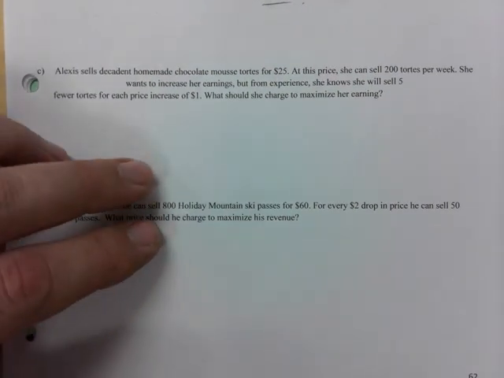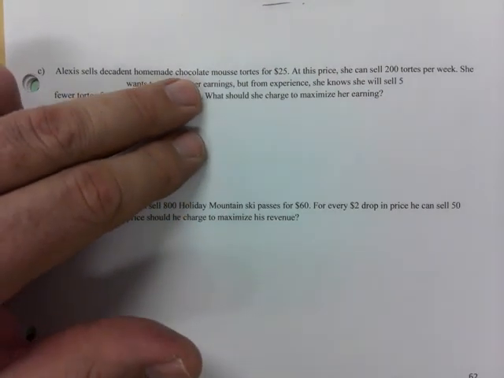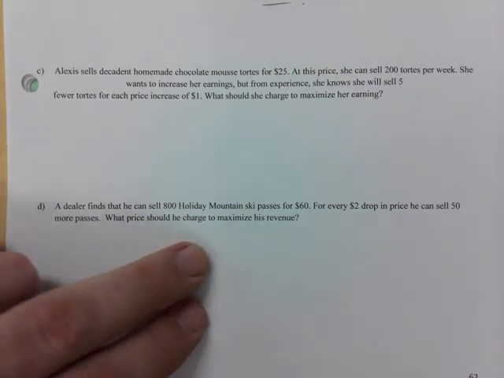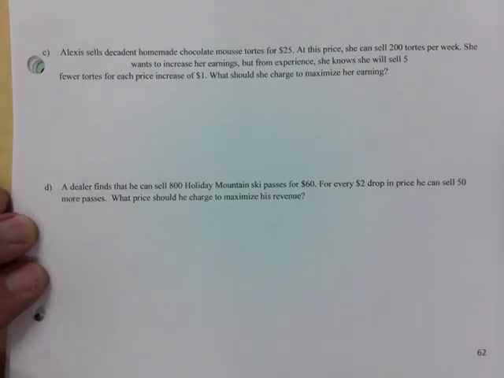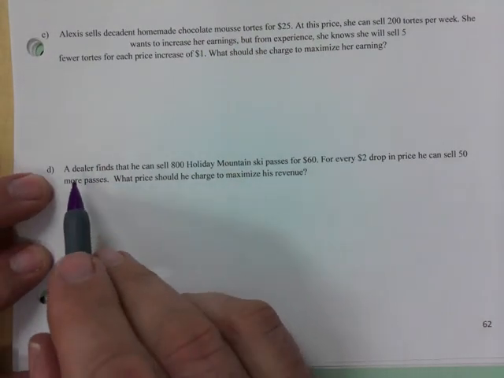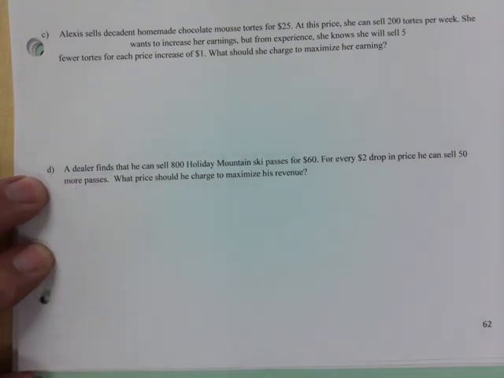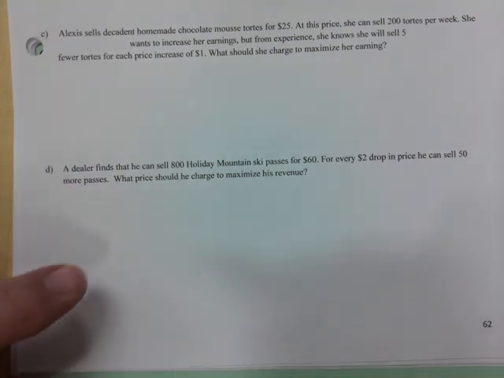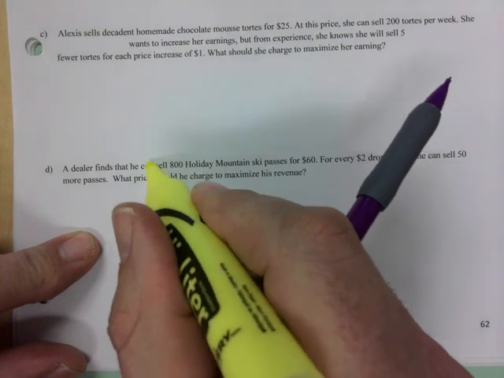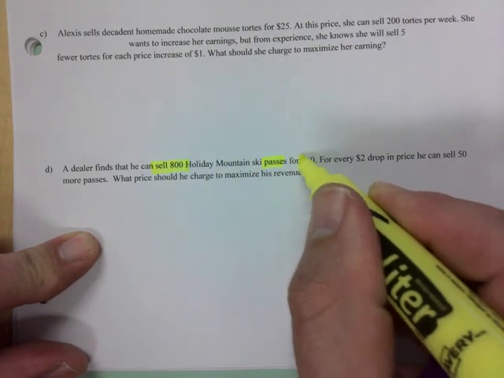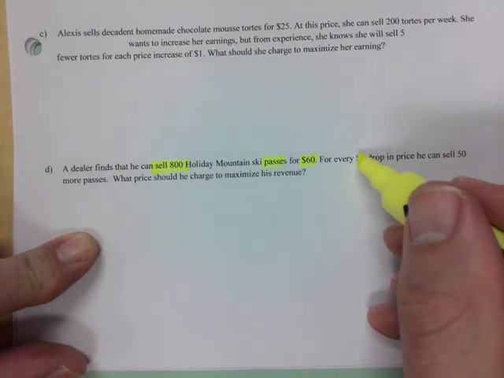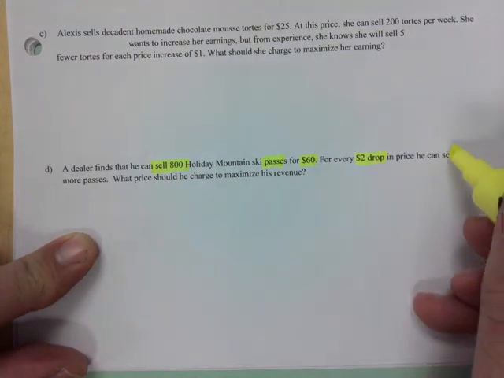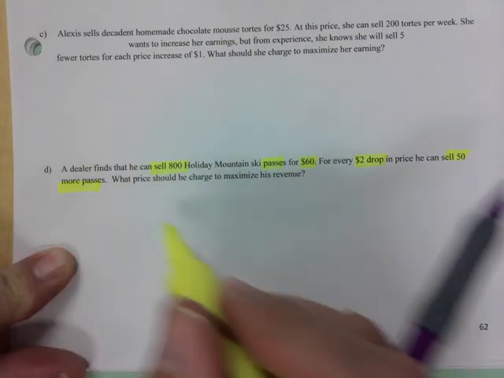Due to time, I think I will only do one of these. They always ask the same, so there is no table. So for example, D, right? A dealer finds that they sell 800 passes for 60 bucks each, right? There's a $2 drop in prices. They sell 50 more.